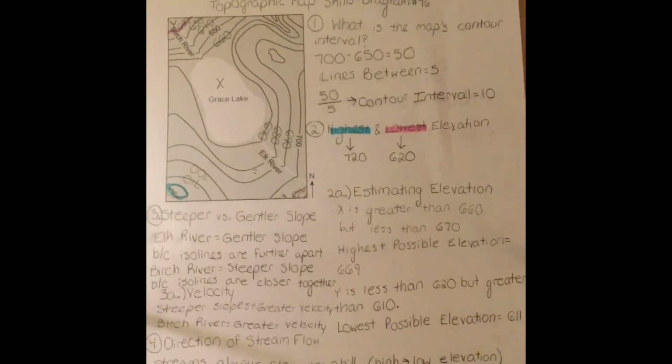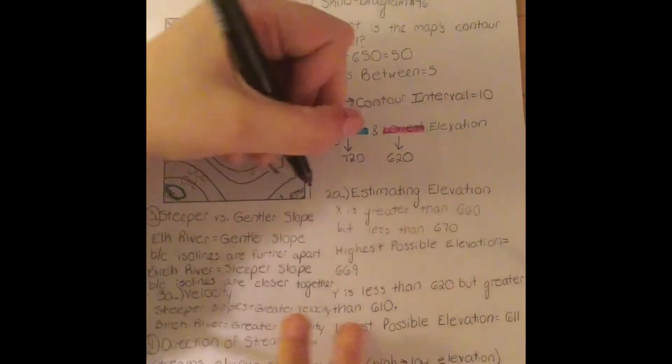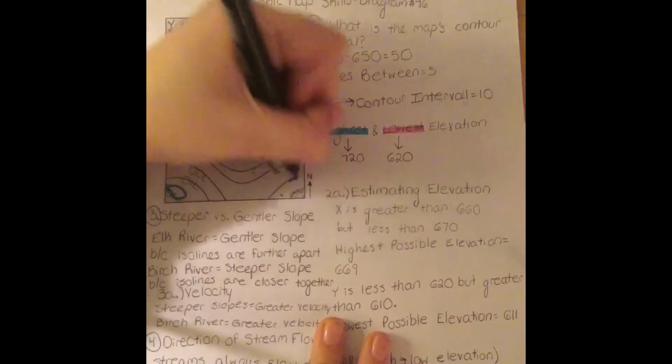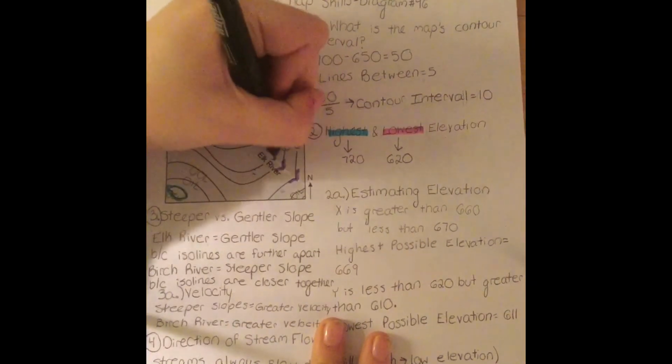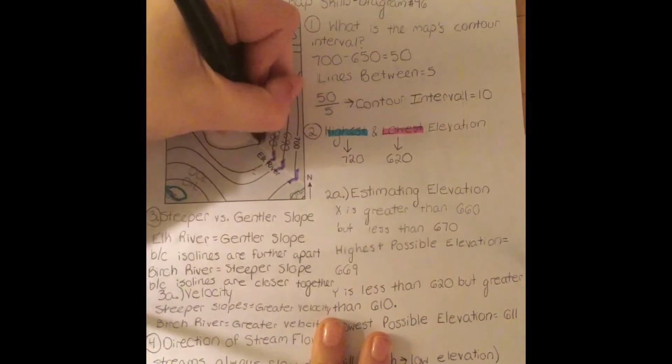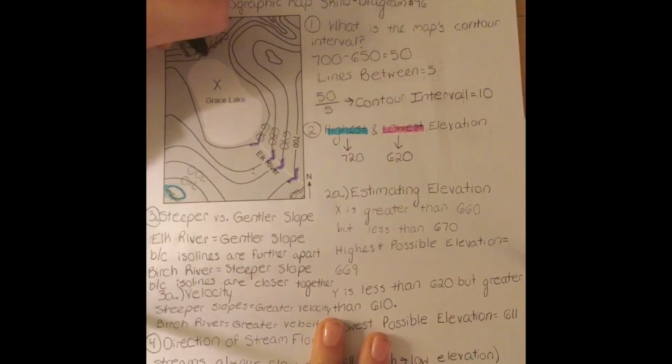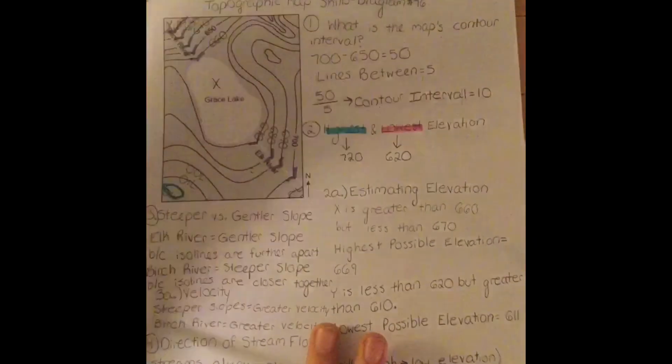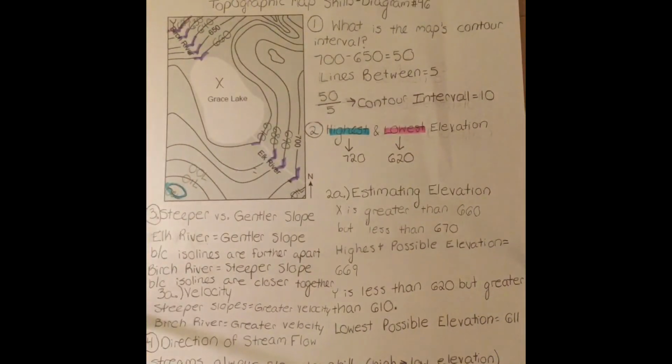So when I say bends in contour lines, I'm talking about the little V's here, V, V, little one there. So those are the bends. All of the bends here are pointing to the southwest.